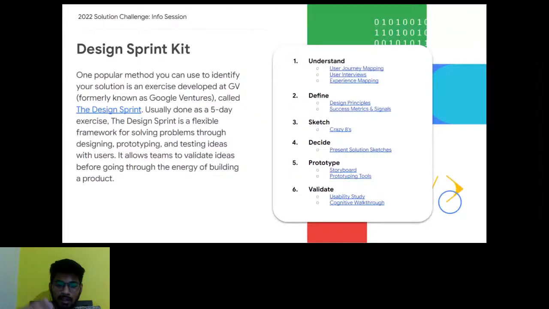He's going to start brainstorming about the ideas he's going to use, decide after brainstorming what he's actually going to use in his solution, and then develop a prototype of his original solution. Then he's going to give that prototype to other people and test it out before developing the solution. All of these steps are very mandatory in order for your project to be focused on the actual problem statement.